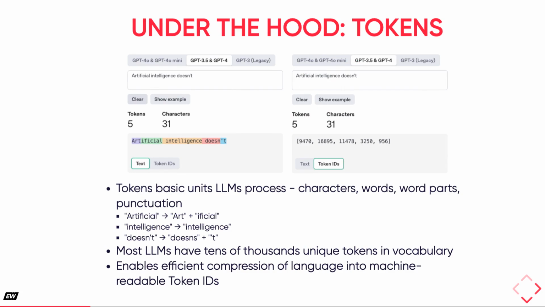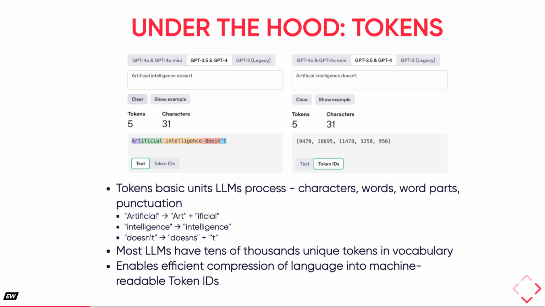To better understand how LLMs process text, we need to discuss tokens. LLMs don't see text as humans do, word by word or character by character. Instead, they break text down into these tokens, which are the basic units they process. As you can see from the examples, a token can be a whole word like intelligence, a part of a word like art and ificial for artificial, or even punctuation.